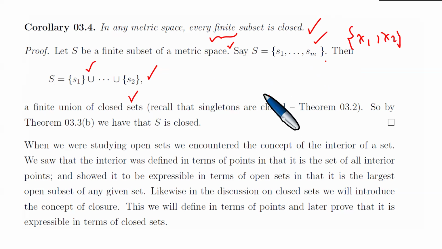Recall that the singletons are closed, so each of the singletons is closed, and therefore this is a finite union of closed sets. So by theorem 3.3b, we have that S is closed.